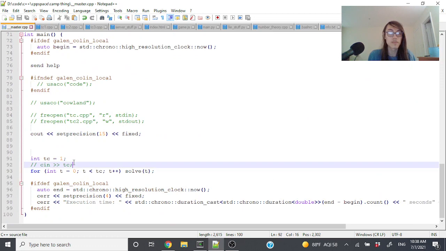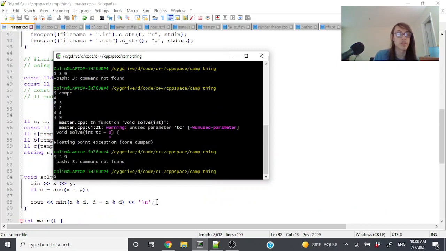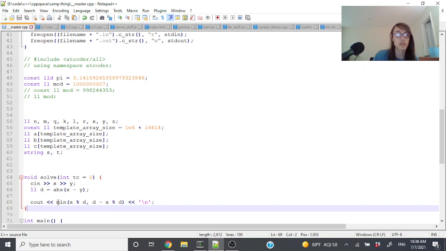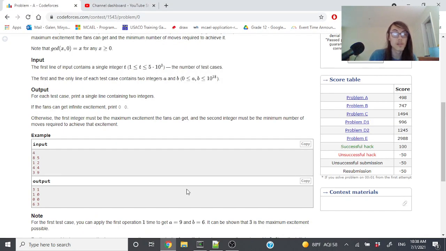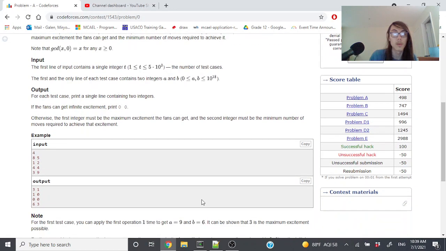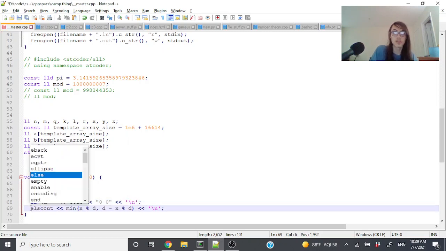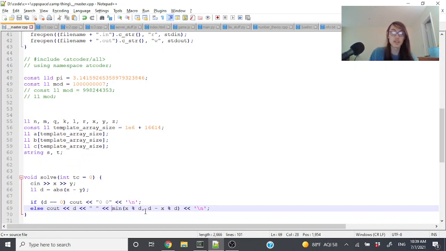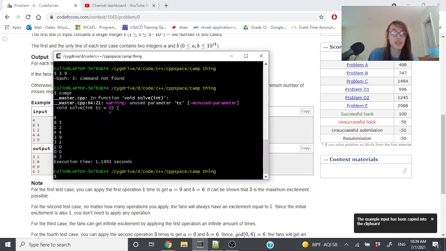And I need test cases. Either we go down and we spend X mod D, or if D is equal to 0, else print D. I'll give a more actual proof in the explanation after the contest.